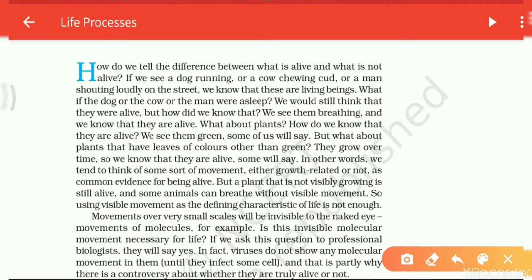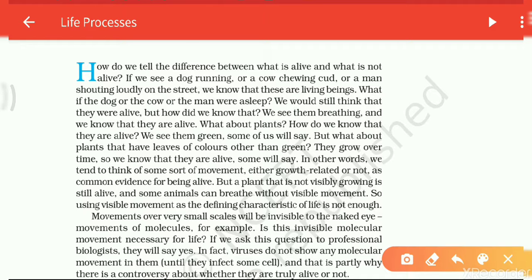Okay students, in this paragraph they want to say something about alive or not alive. Alive means having life, or in Hindi we can say jivit or jinda. And not alive means which is not alive, which has no life, that is called not alive.